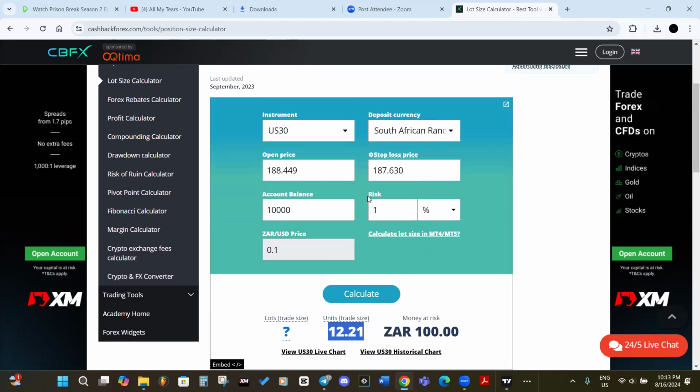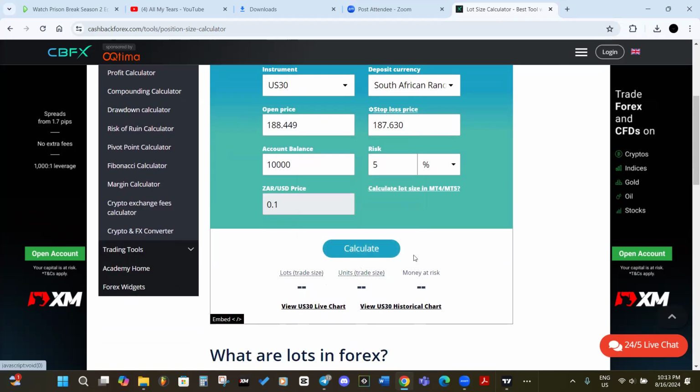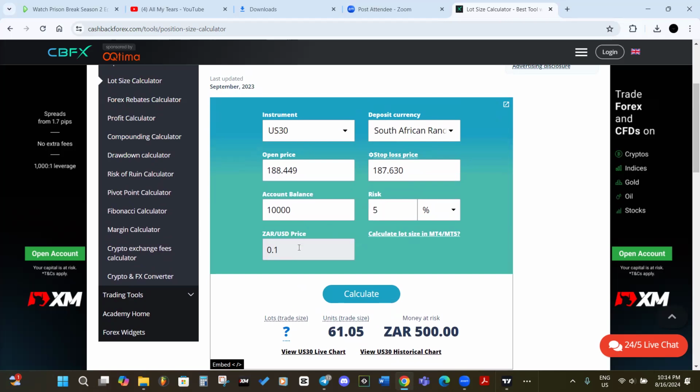It's like the ZAR to USD price conversion is not right somewhere there. Or try using a risk percentage of like 5% at least, since it's a ZAR account.